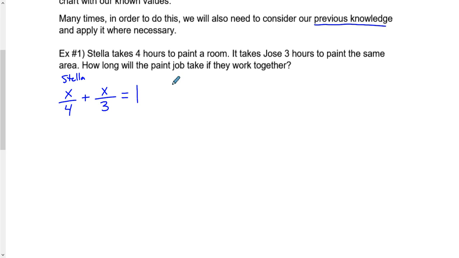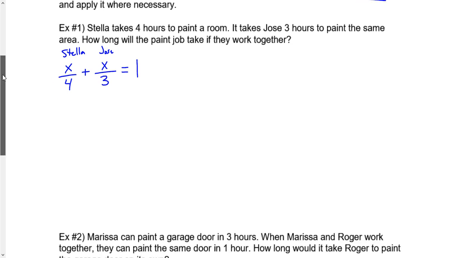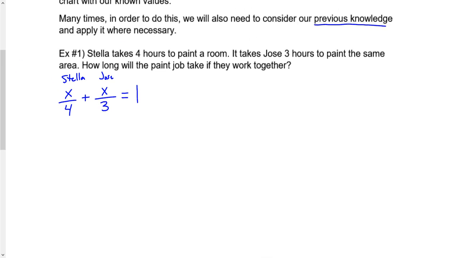And from there, it will actually go quite quick. So that's Stella, that's Jose. Get our common denominator. So this one would have to be multiplied by 3 over 3, this one by 4 over 4, and this one 12 over 12.